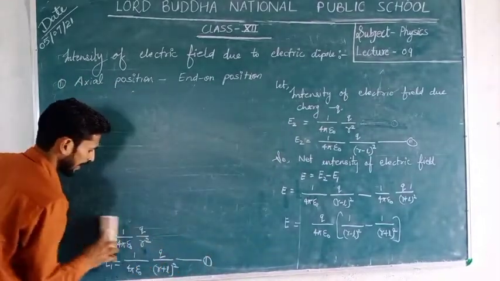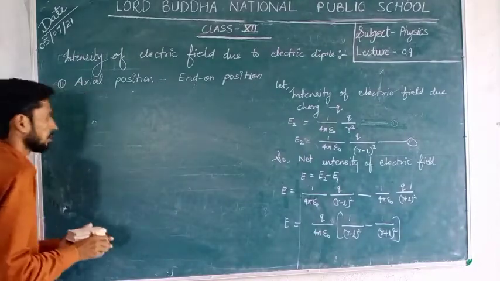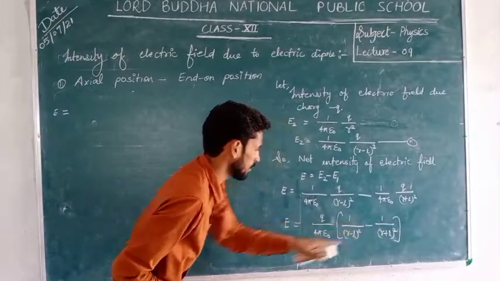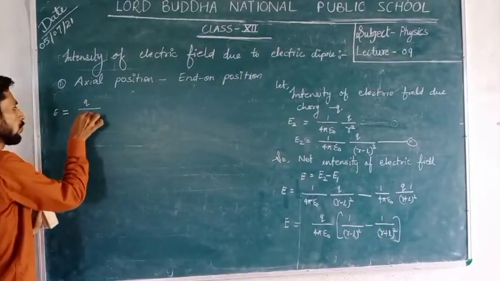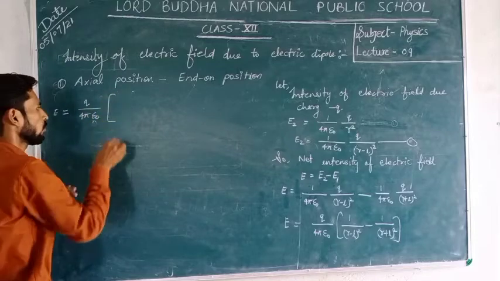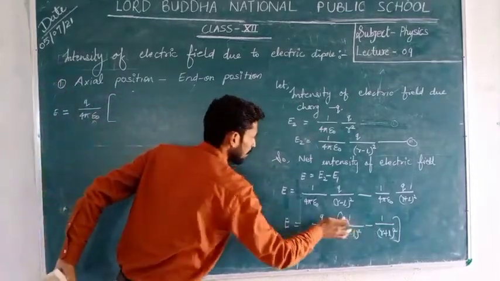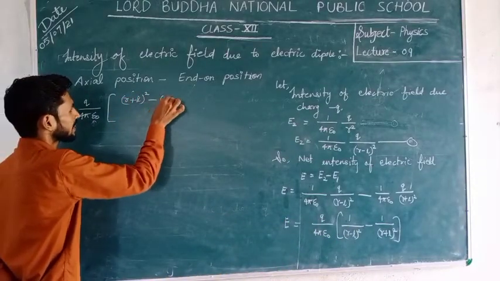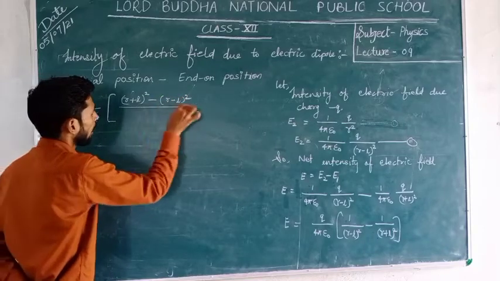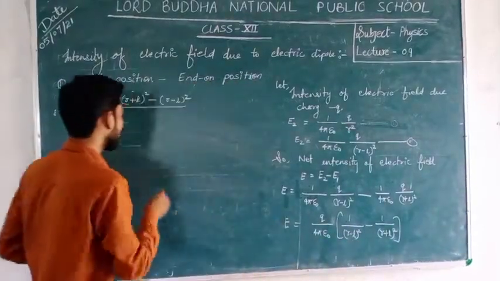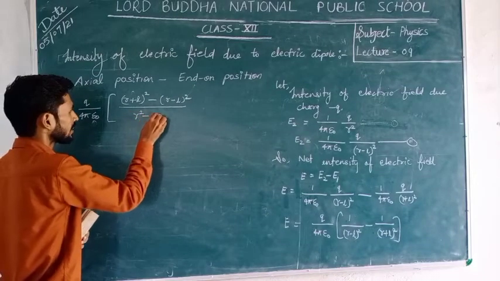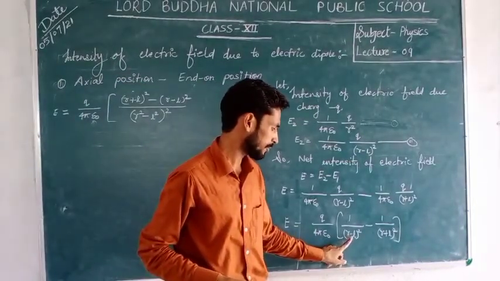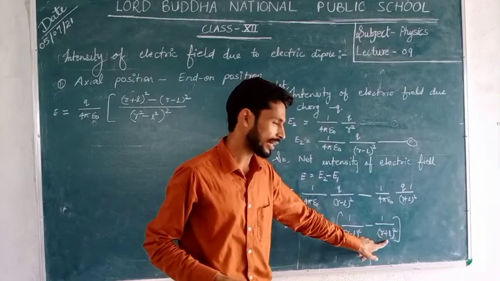Now if we simplify that term, then E equals, we can cross multiply this. So q upon 4 pi epsilon naught into, in this bracket, r plus l whole square minus r minus l whole square upon, by multiplying this, we can write r square minus l square whole square, because in the first bracket r minus l, and in the second bracket r plus l.